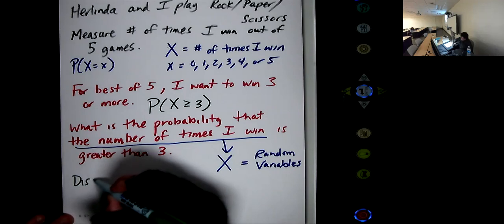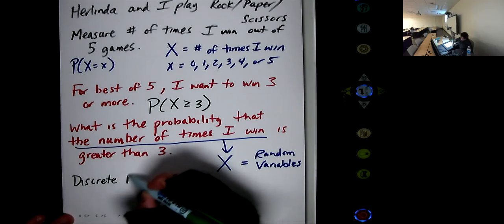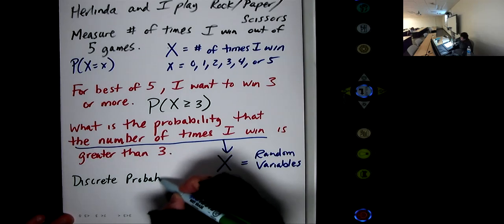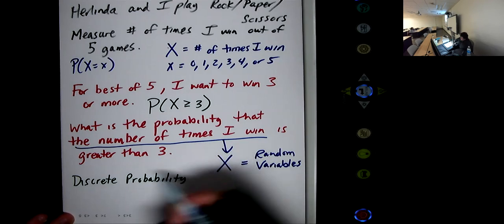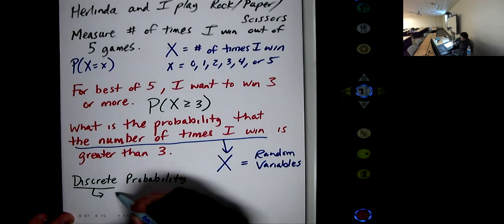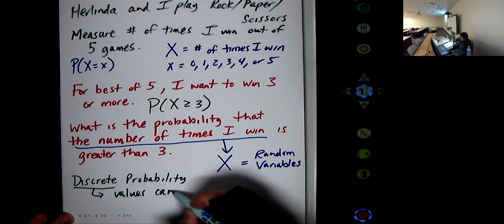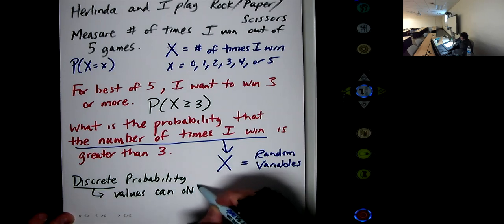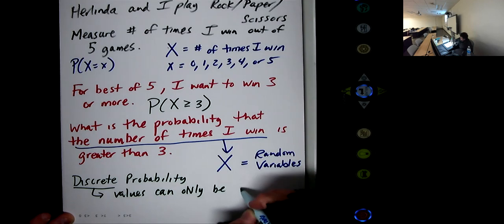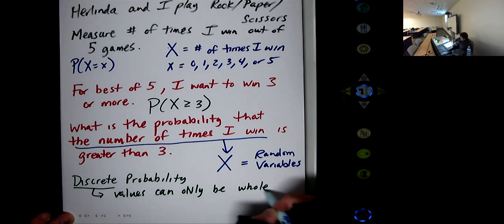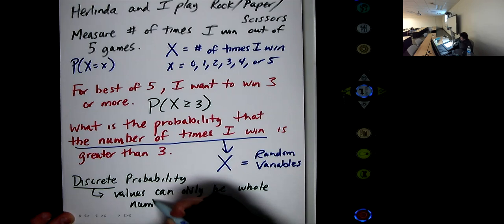This is a discrete probability model. Discrete means the values can only be whole numbers, or countable numbers.